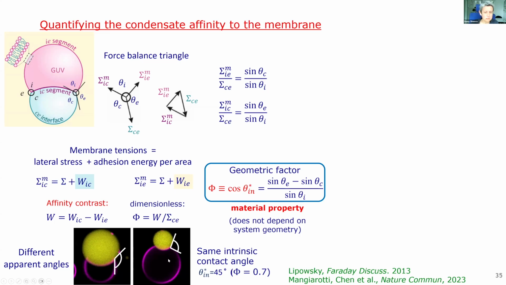And then coming back to this example, if we measure all the three contact angles, we plug them into this formula. For the different microscopic contact angles, we get the same intrinsic contact angle of 45 degrees.